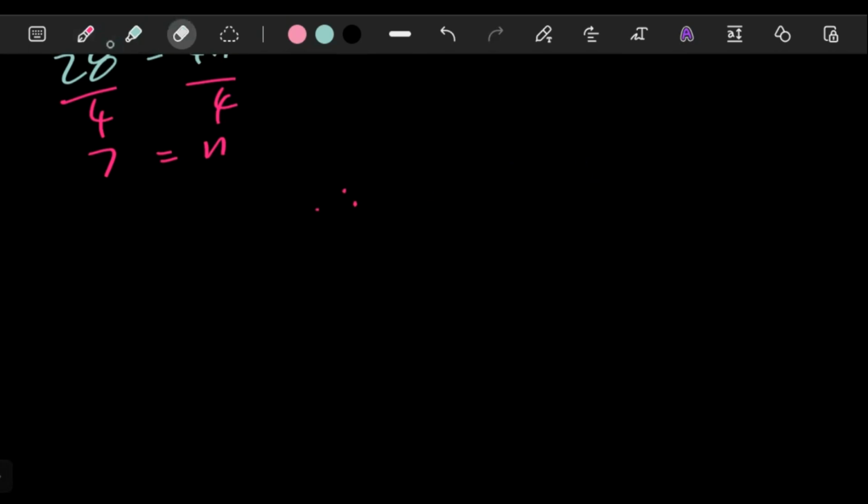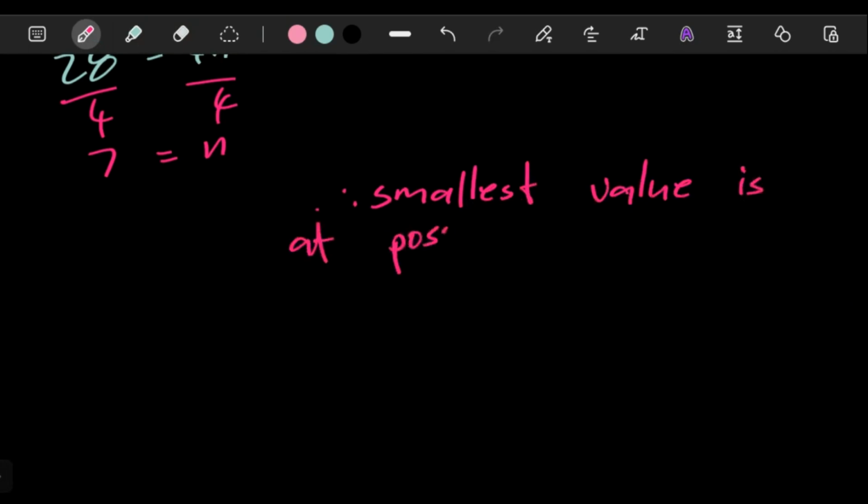Therefore, the smallest value is at position 4. No, 7, they said. Is at position 7. Okay.